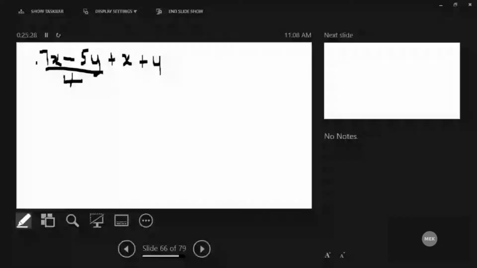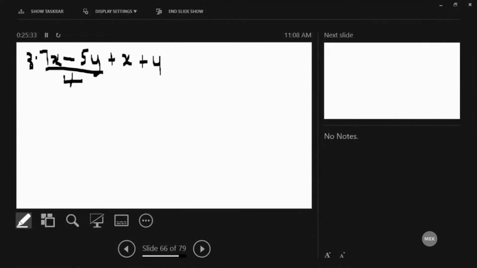7x minus 5y over 4 plus x plus y. And so these ones are supposed to have the bracket.